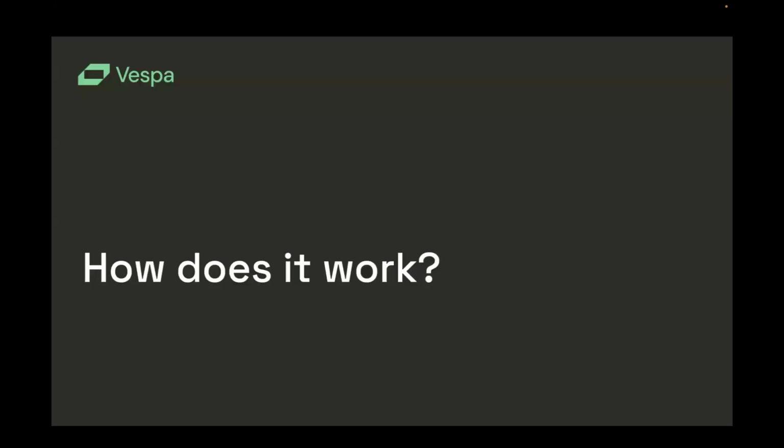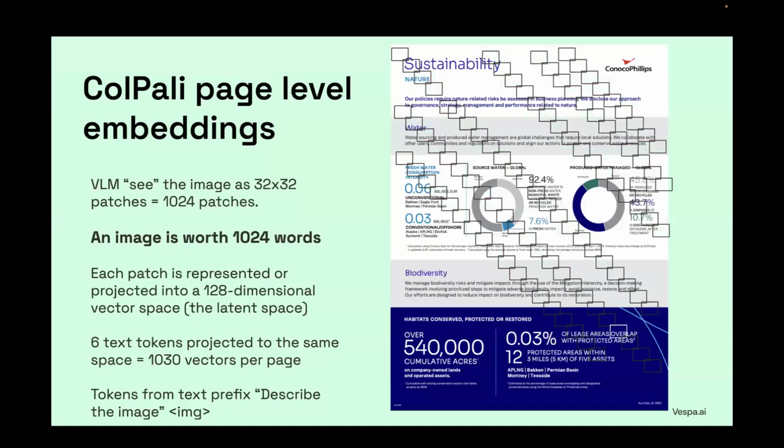Okay, so how does it really work? When you feed an image into a ColPali style model, it sees the image as 32 by 32, that's 1024 patches. Patches are, like you see here, squares that go like this.